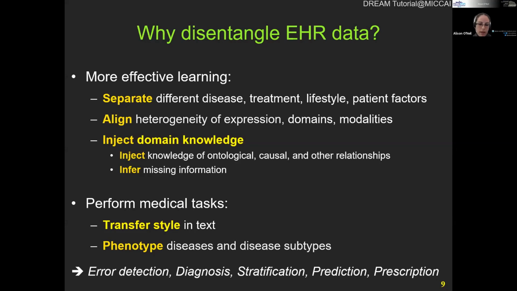And once we can get that standard structured representation, we can start to inject domain knowledge. So we already have knowledge bases which have been built up over many years. And we already know something about causal relationships. We know something about hierarchical relationships between different concepts.